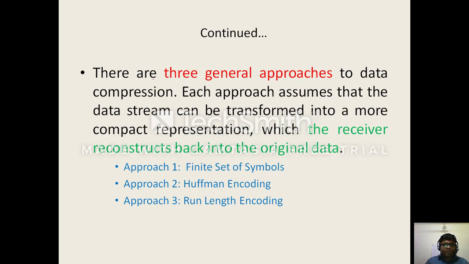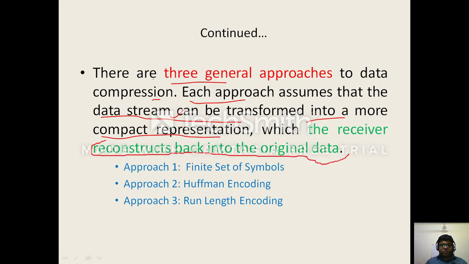Okay. There are three general approaches to data compression. Each approach assumes that the data stream can be transformed into a more compact representation, which the receiver reconstructs back into the original data.